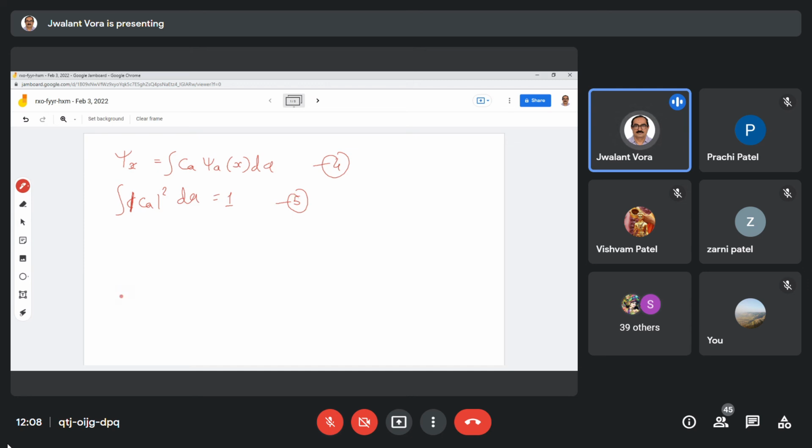Normalizing the arbitrary function psi x, psi x star into psi x dx is equal to 1. For 1 is equal to શું છે? So this is equal to integration ca square dA.